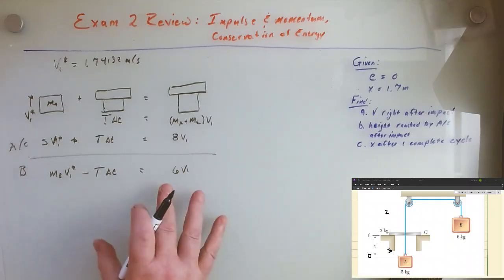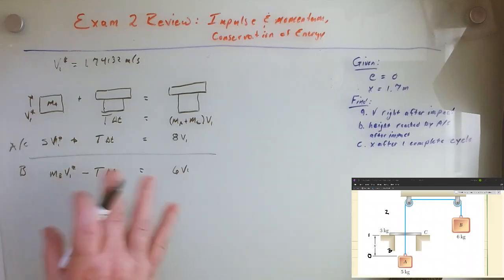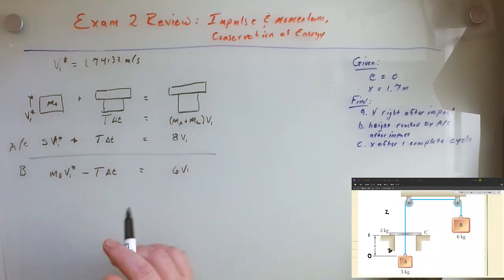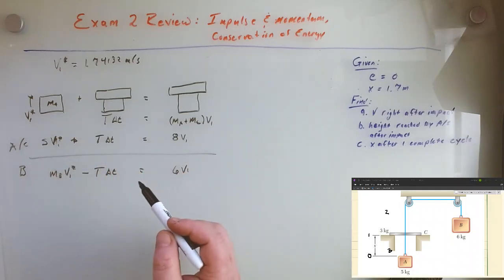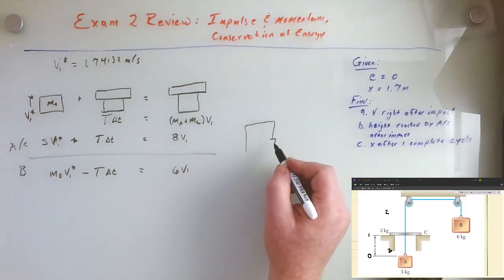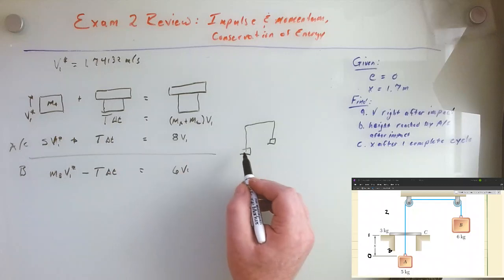Alright, so if we add these together, then notice here the velocity is, because this is no longer energy, we're thinking in terms of the direction and they're moving in the same direction, because the rope is tied together.